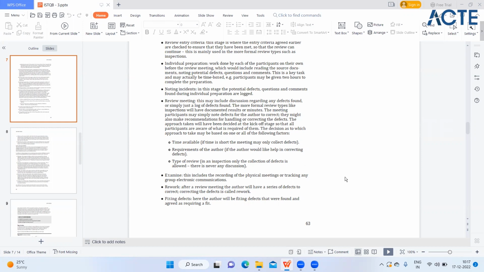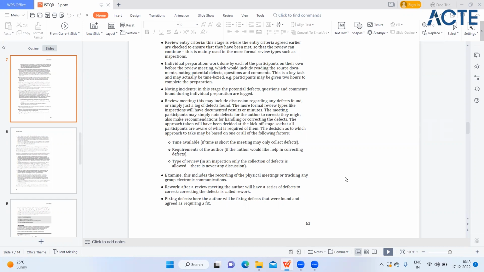So now in the review meeting, what will everyone do? In the kickoff meeting, we have just discussed everything. After that, in the individual preparation, we prepared everything on our own, and we decided what we have to log. Under noting incidents, we logged the defects we found in that particular document.